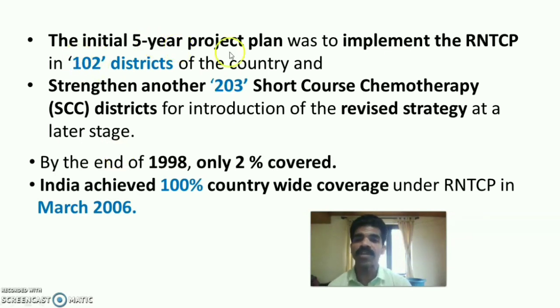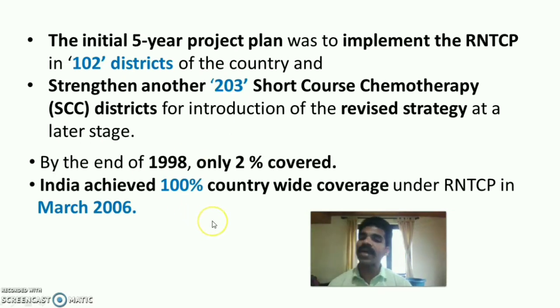The initial 5-year project plan was to implement the RNTCP program in 102 districts of the country, and later strengthen another 203 short course chemotherapy districts.